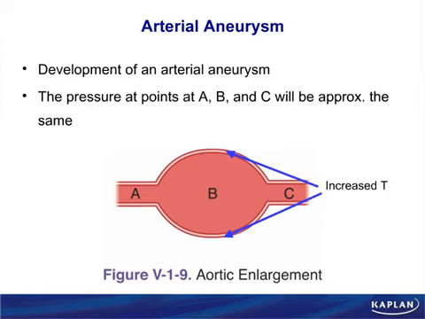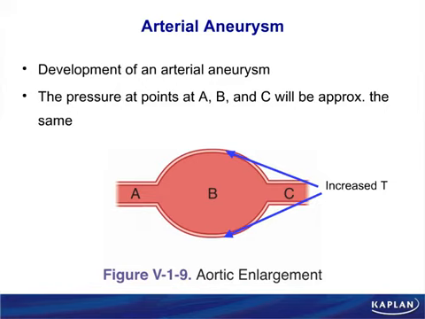Here's a picture of an arterial aneurysm. Now the pressure inside the vessel at points A, B, and C all along that vessel, remember there's very little resistance here, so the pressures are the same. But the aneurysm, which is a ballooning out of a blood vessel, will have elevated wall tension because even though the pressure is the same, the radius is much greater.